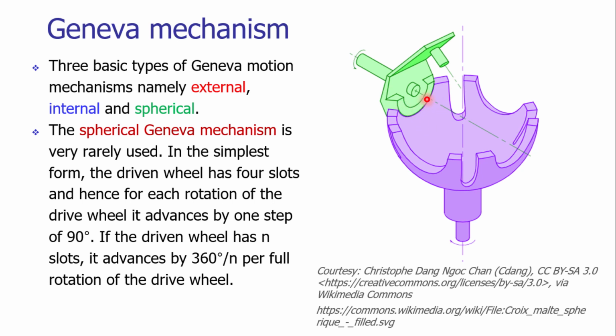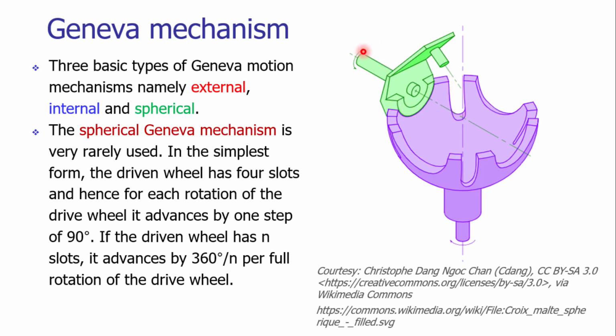So this is the arrangement of the driving wheel. It has a shape which is cut, which is in contact with the shape of the Geneva mechanism. This is the raised portion, analogous to the previous slide. This pin will get engaged with the slot of the Geneva mechanism and drive it.